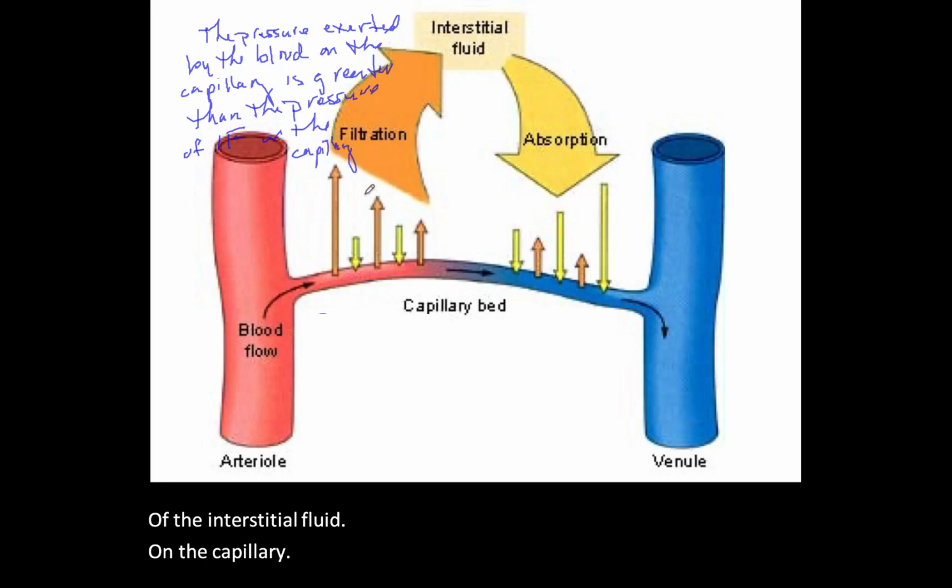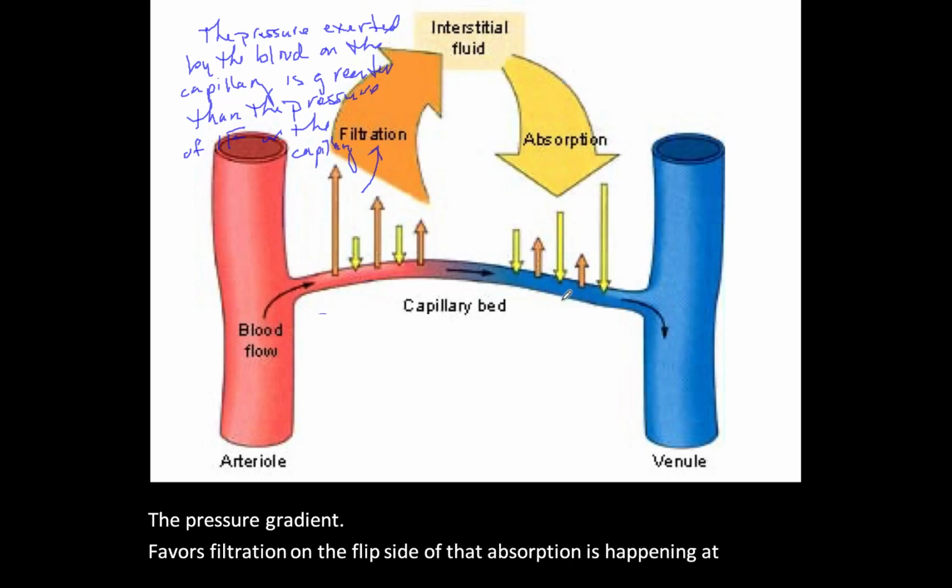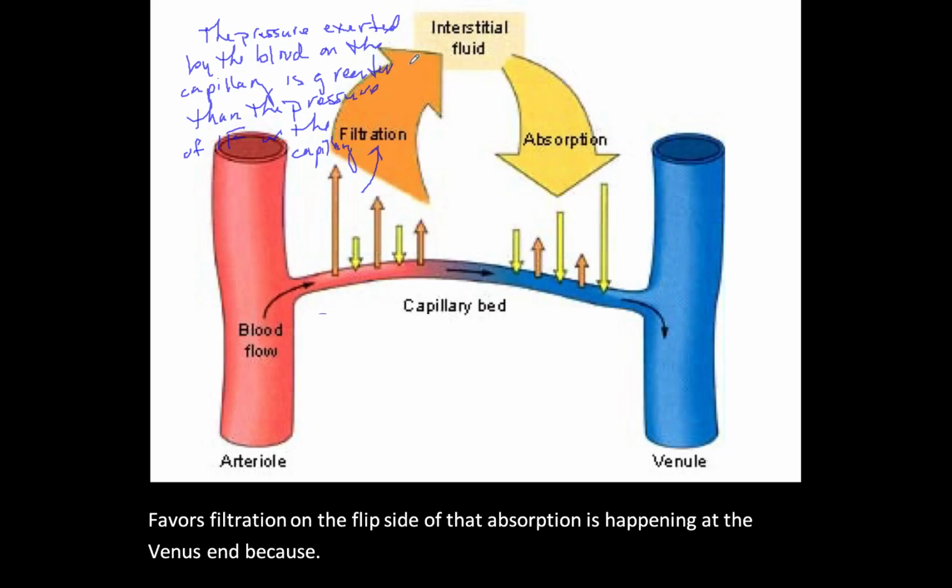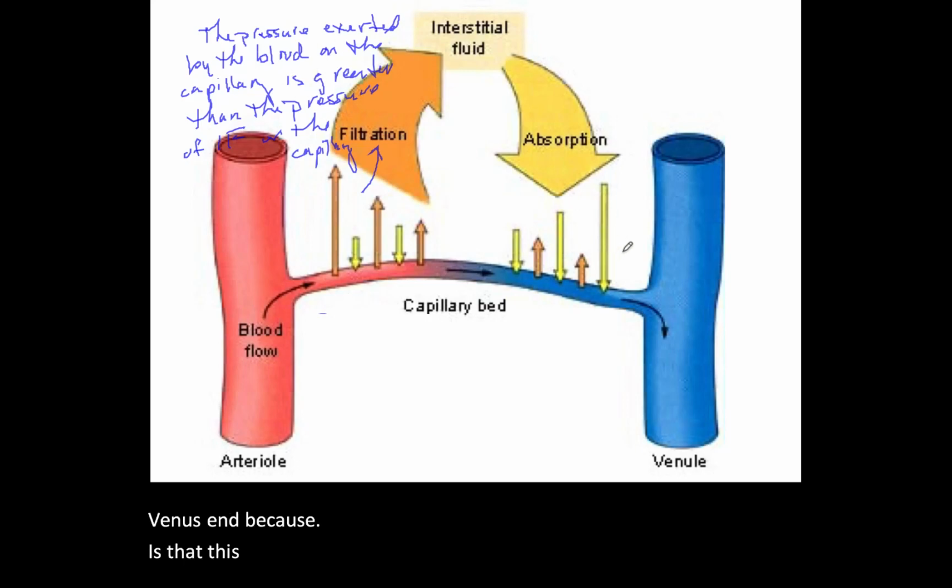And so the pressure gradient favors filtration. On the flip side of that, absorption is happening at the venous end because this script is flipped.